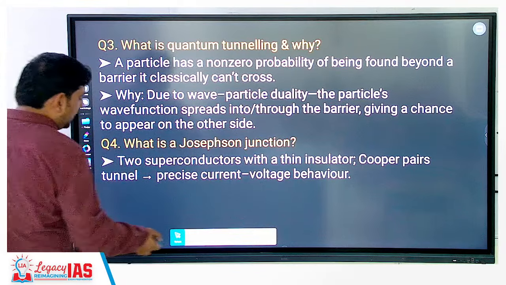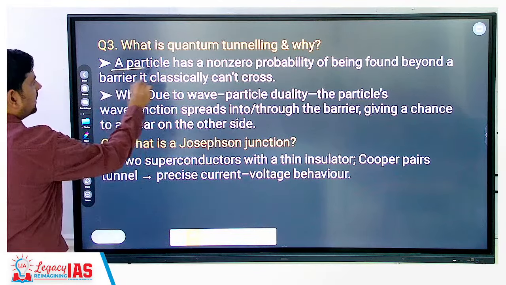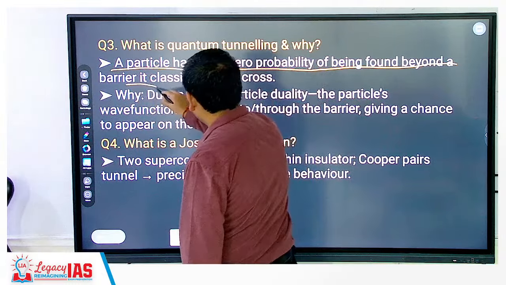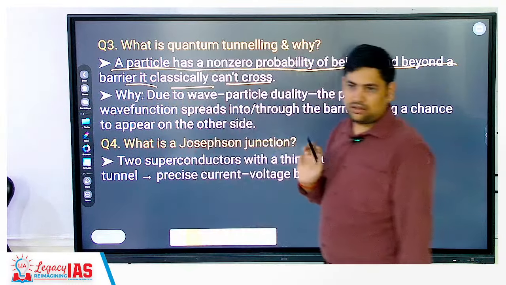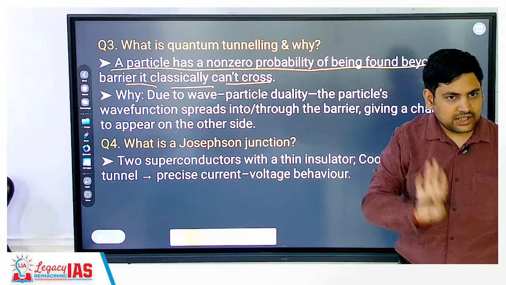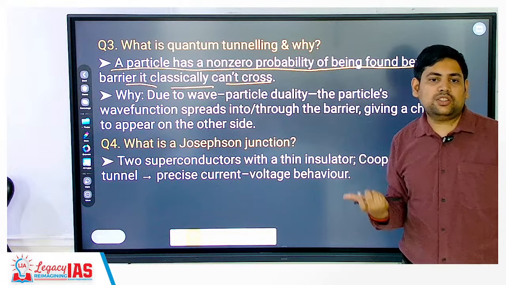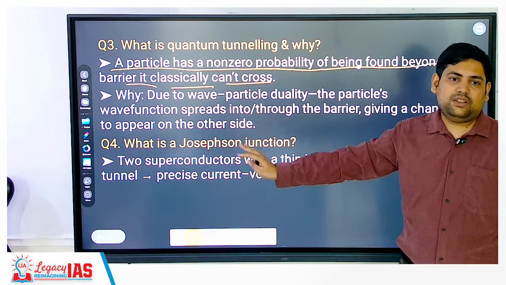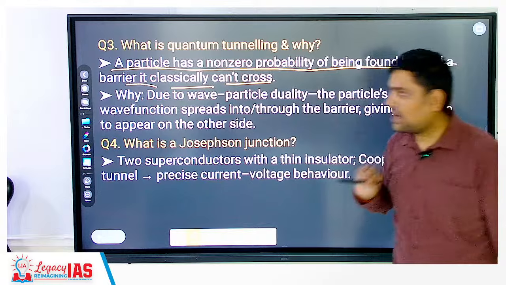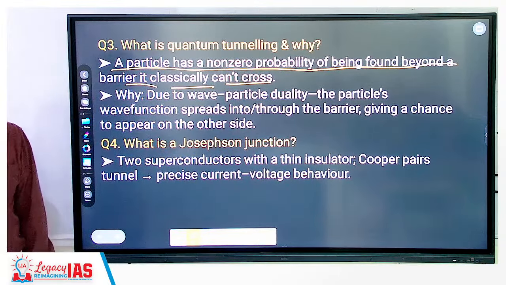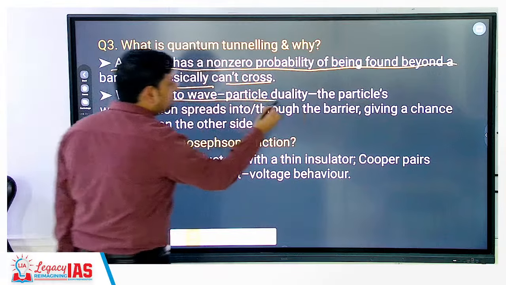What is quantum tunneling? A particle has a non-zero probability of being found beyond a barrier it classically cannot cross. So in classical mechanics it cannot cross the barrier, but in quantum mechanics it has a non-zero probability of being on the other side of the barrier. Why does this happen? Because of wave-particle duality.